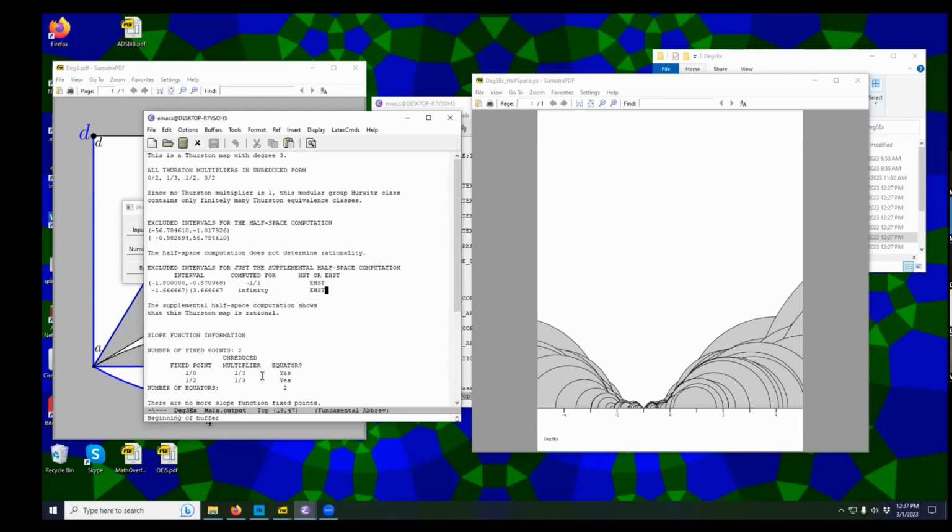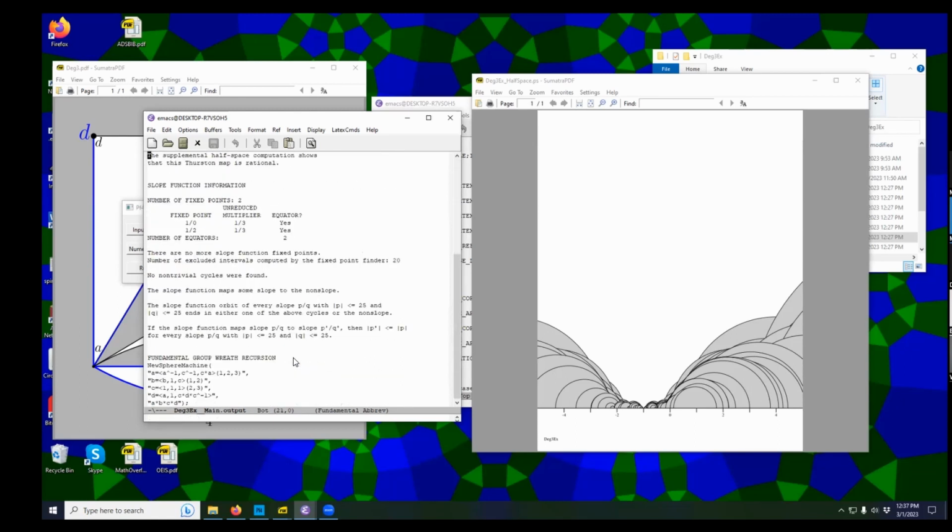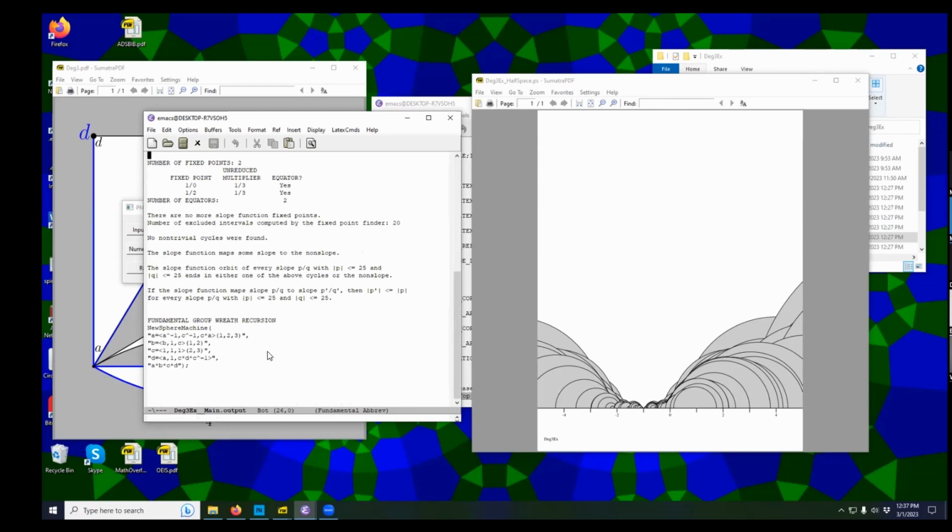For the fixed point computation, our intervals will not contain fixed points, whereas before, our intervals were, more precisely, negative reciprocals of fixed points. Okay, that's that. And this main output file always ends with a fundamental group recursion for our function.